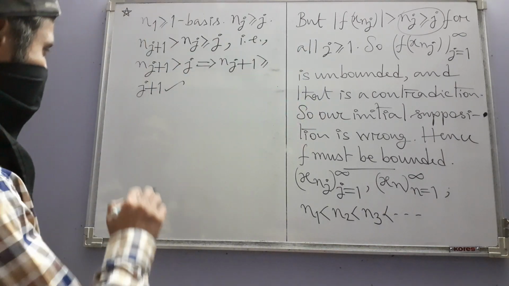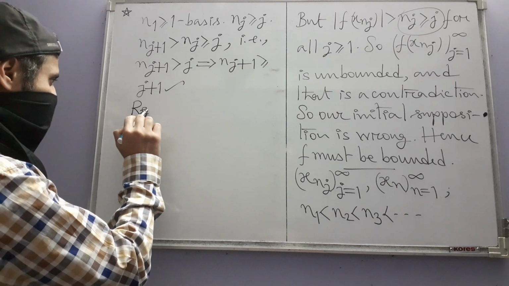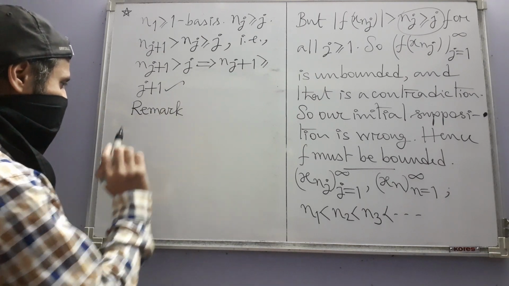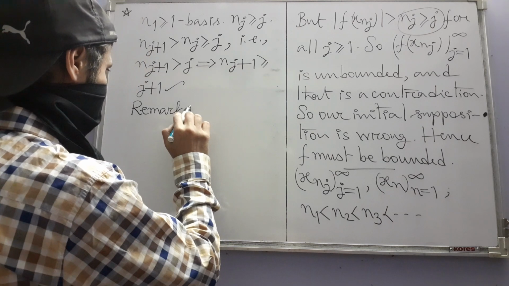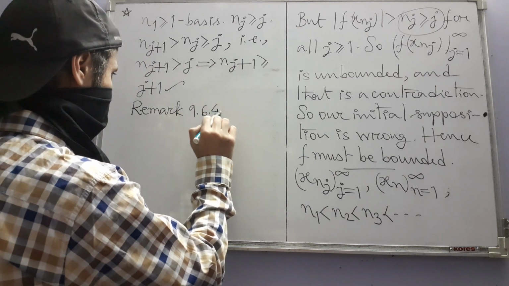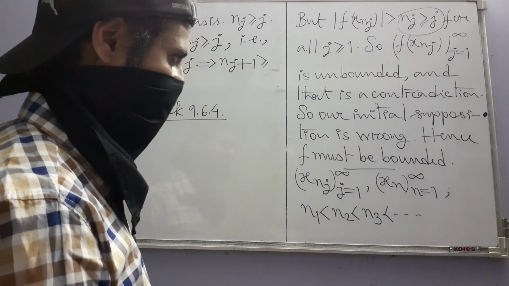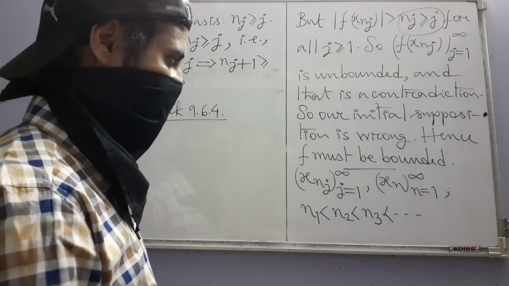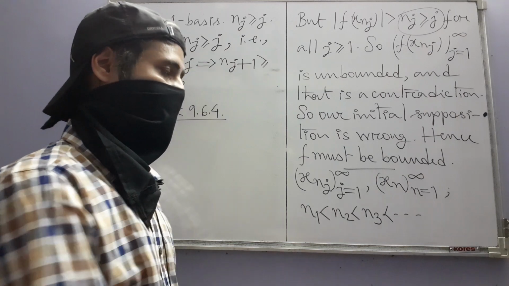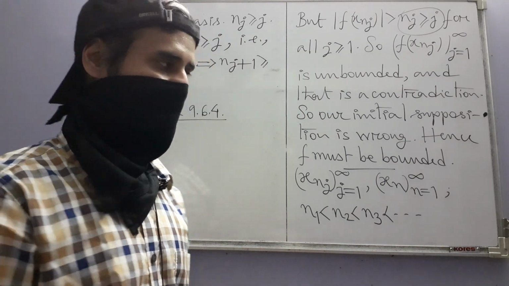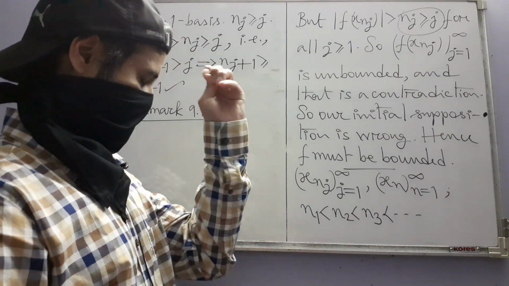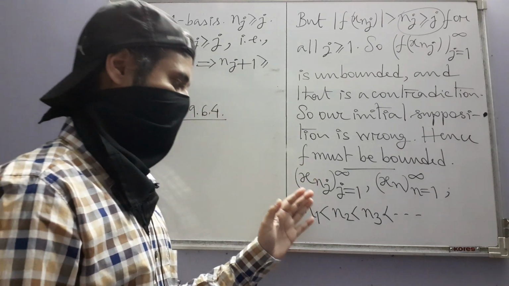Now, there is a remark which follows this proof. This remark is about two things. The first thing is that it shows how useful the Heine-Borel theorem is. And in fact, this is just one of the uses of the Heine-Borel theorem.